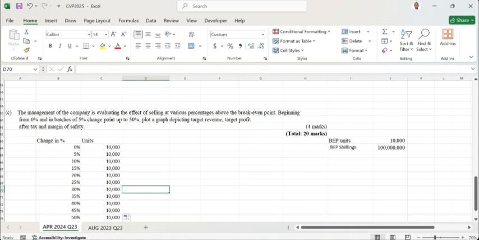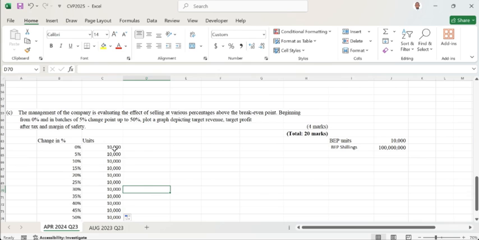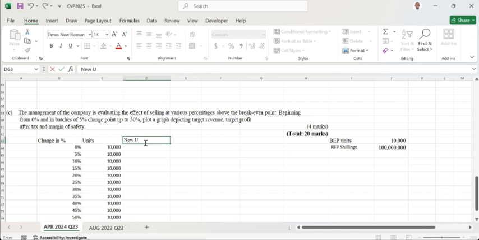So whereby they are saying if it is units which are sold above the break-even point, the break-even point is 10,000. I drag back so that we see what percentage we will have when we change this from the break-even point by 0%, by 5%, by 10%, so that we get the new units.